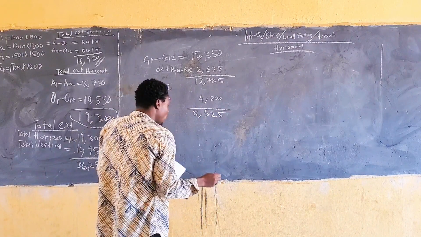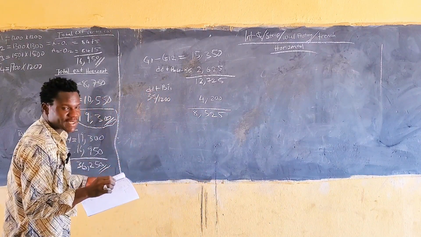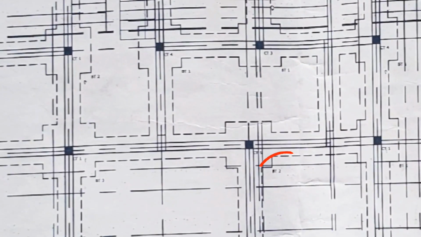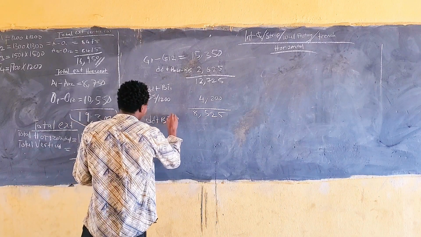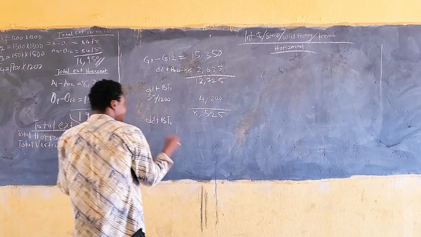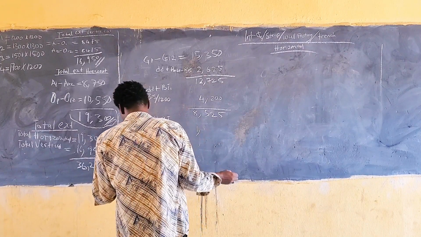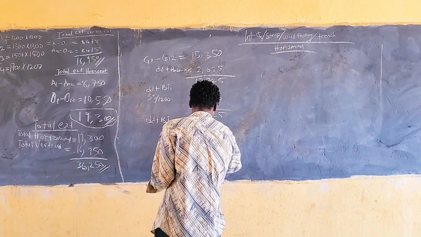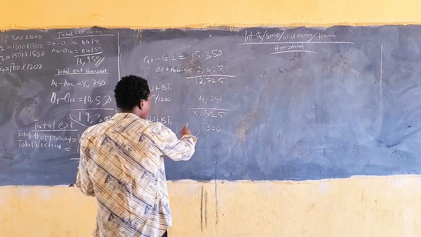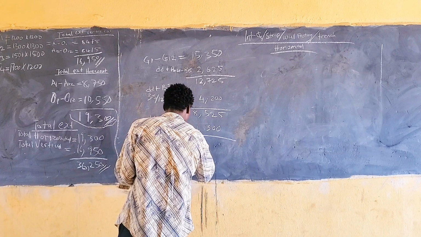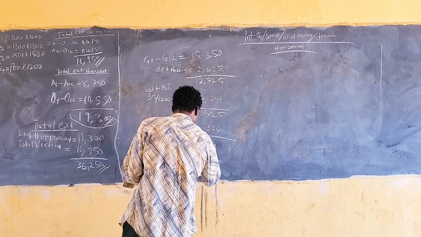There's also BT2 along that same length, so we deduct it. We cannot combine BT1 and BT2 because they have different dimensions. You see, this is a little bit more complex, but it's generally all a matter of understanding. Difficulty is not an element. It's either you understand or you don't understand. So deduct 1,300, which is the dimension of BT2, and we get 7,225.